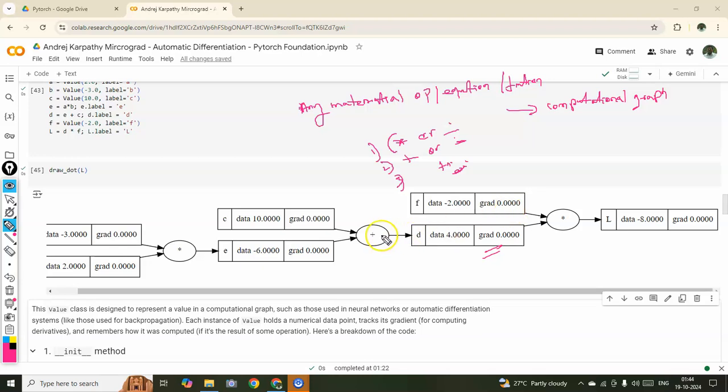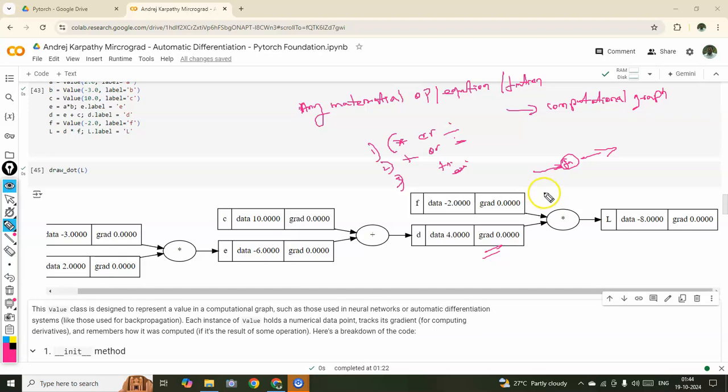Addition also uses two inputs. It is never less than 2 or greater than 2 in addition, subtraction, or multiplication. But if you use any function, there is only one input and only one output.